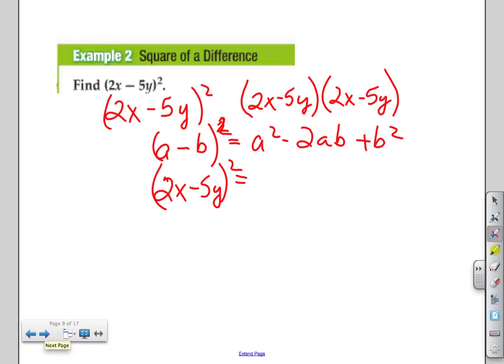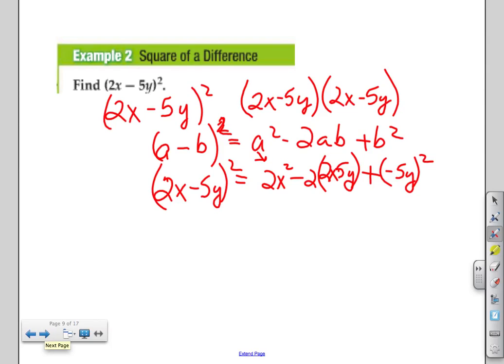So our a squared is going to be our 2x squared, right? Our negative 2ab is going to be negative 2 times 2x times 5y, right? Plus our b squared is going to be negative 5y squared.